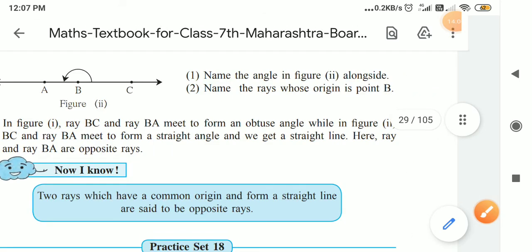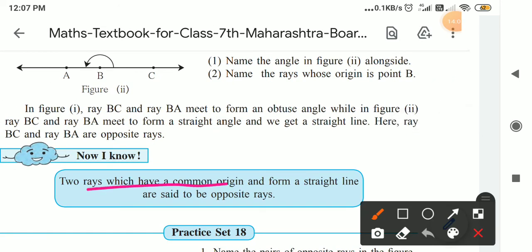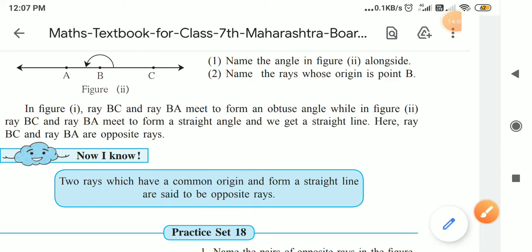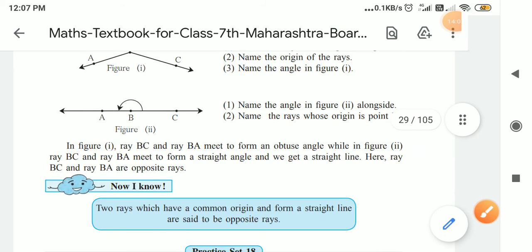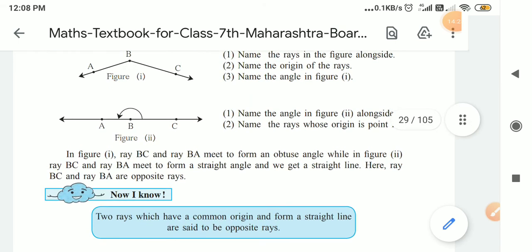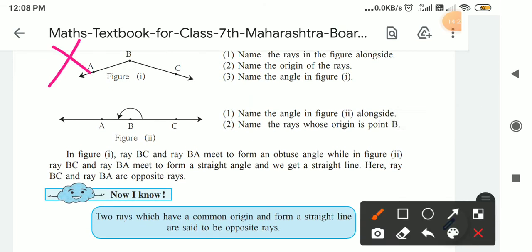So what is the definition of opposite rays? Two rays having a common origin and lying on a straight line, forming a straight line, are called opposite rays. So in the first figure, the rays are not opposite rays.